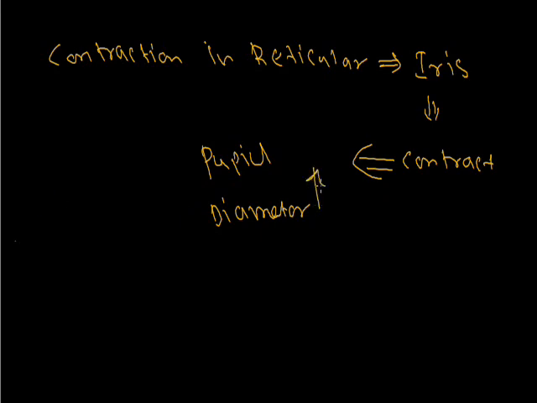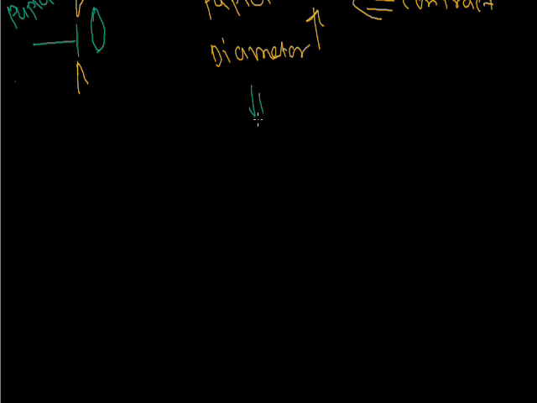This is the iris and this is the lens; this area is the pupil. When there is contraction in the iris, this pupil diameter increases. When this situation occurs, bright light is incident in the eye.